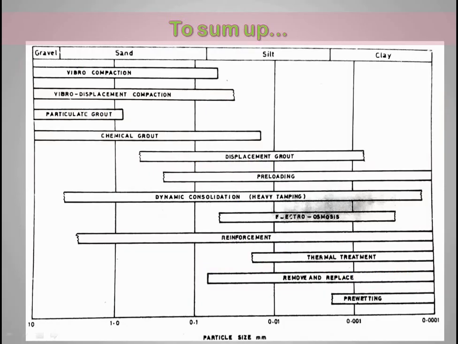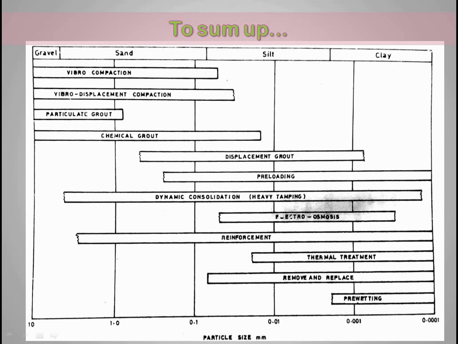To sum up, we have seen many methods to improve the ground. Vibro compaction is suitable for gravel and sand, and you can also use it to some extent for silty soil. Similar to vibro compaction, vibro displacement compaction can also be used for these 3 types of soils.